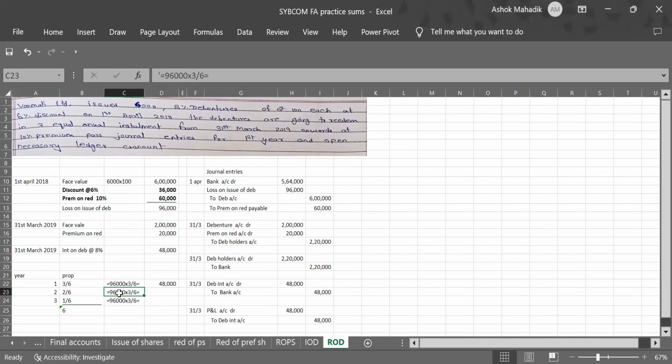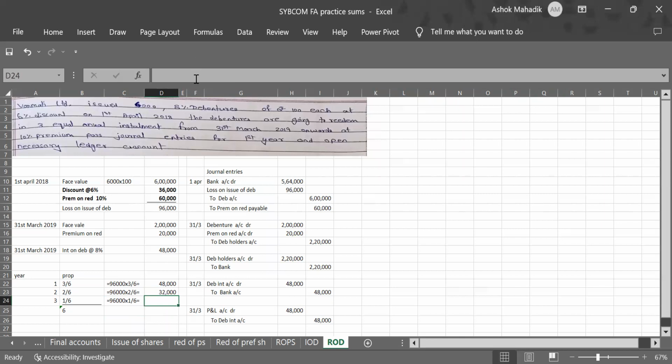So in the second year it will be 2 by 6, and in the third year it will be 1 by 6. Okay, not that difficult, students. So the calculation will be 96,000, that is the total amount of loss, into 2 installments outstanding out of 6.